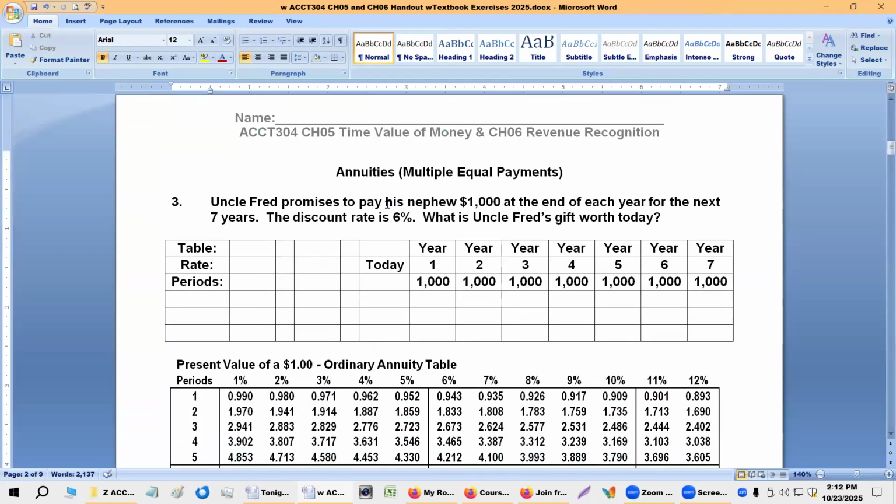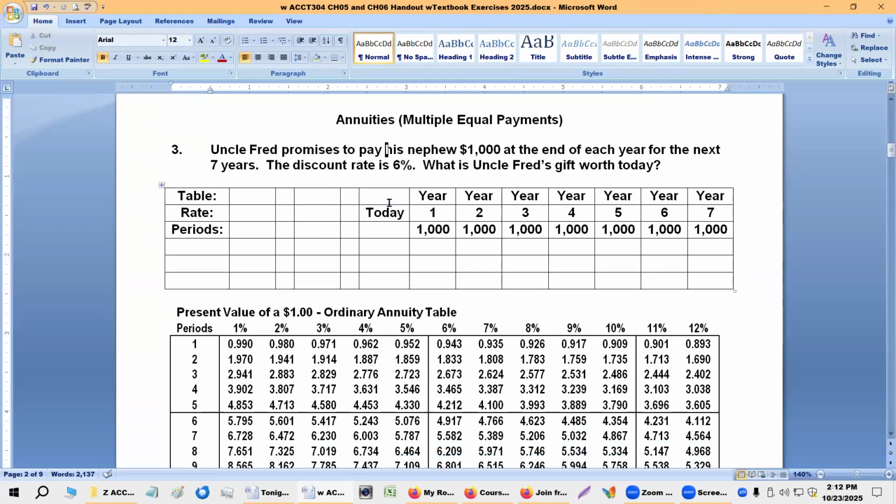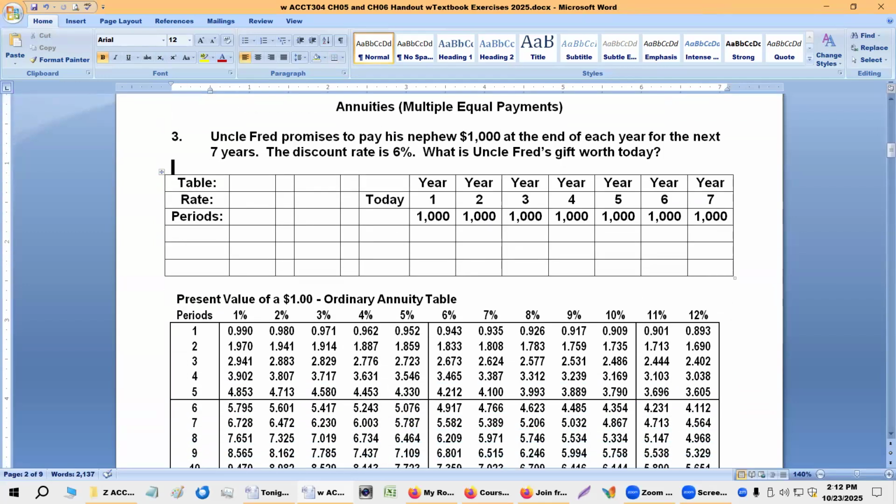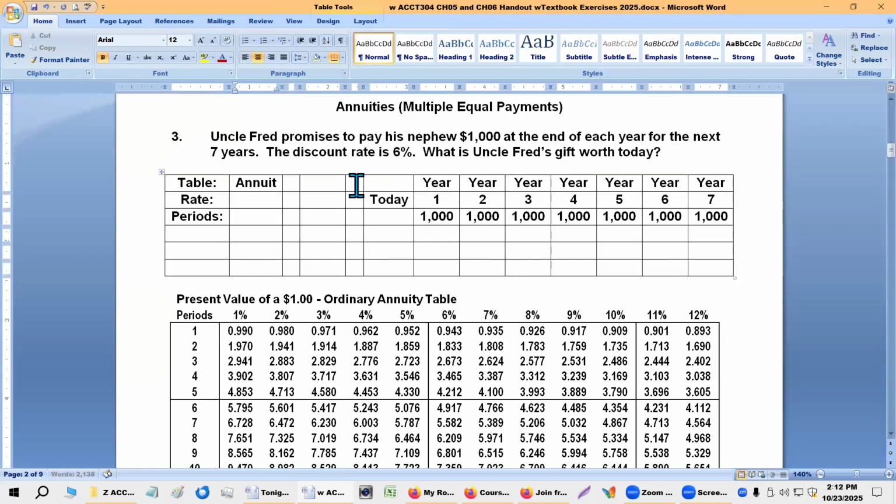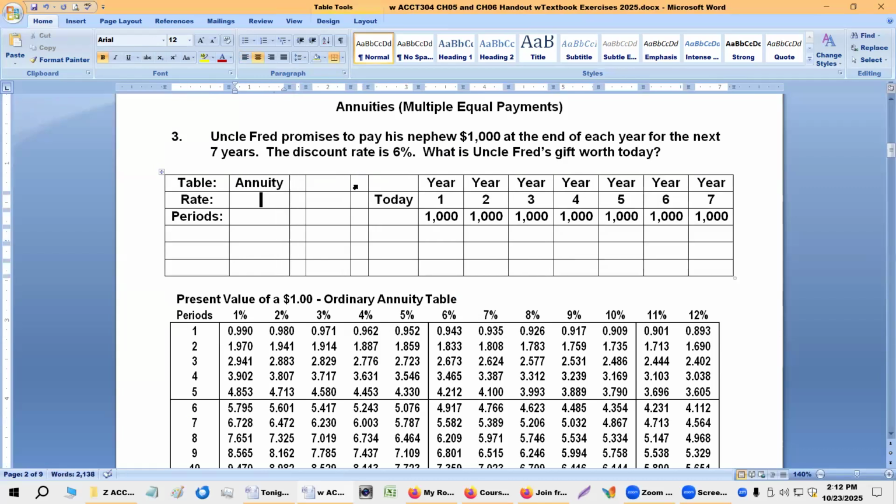And let me show you what I'm talking about here. Okay, so Fred promises to pay his nephew $1,000 a year. This is going to be an annuity table. They're all the same payments, so we can use the annuity table. The rate is 6%. The periods are 7.